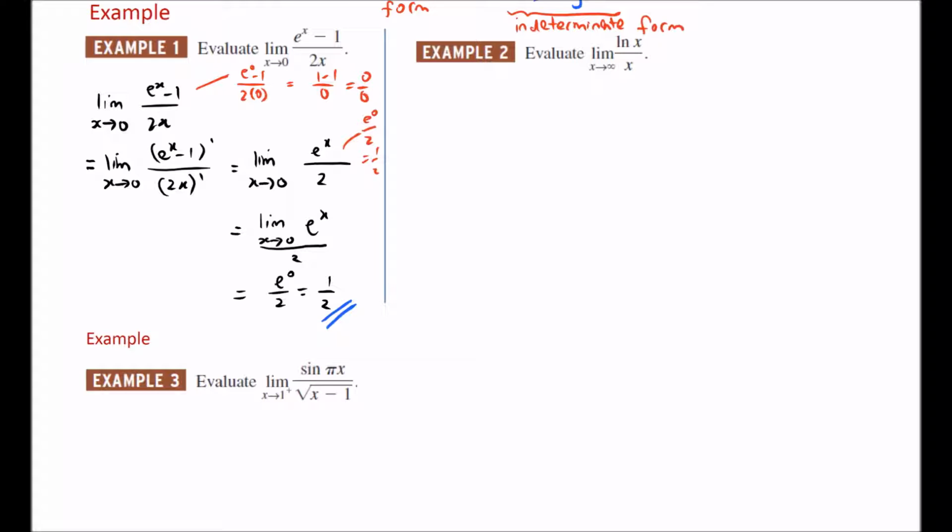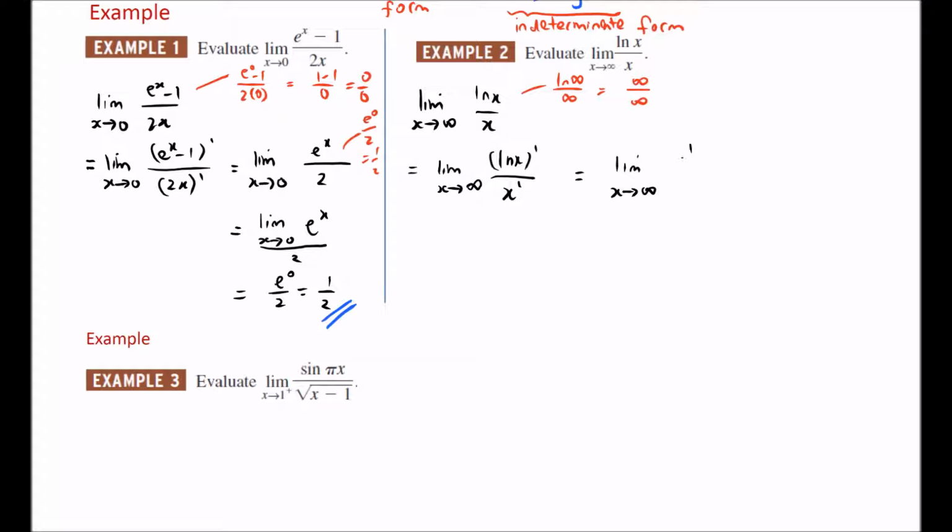Now we go to example 2. The limit as x approaches infinity of ln x over x. Again we check: ln infinity over infinity, which is infinity over infinity. So this is an indeterminate form, and we differentiate. The limit as x approaches infinity: ln x differentiates to 1 over x, and x differentiates to 1.